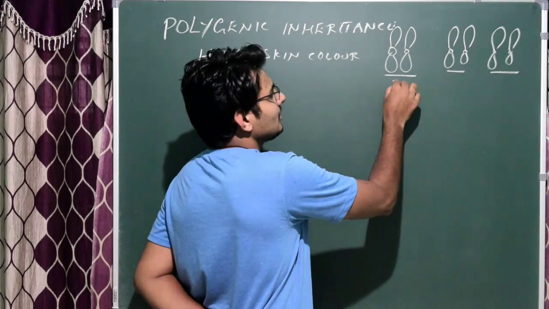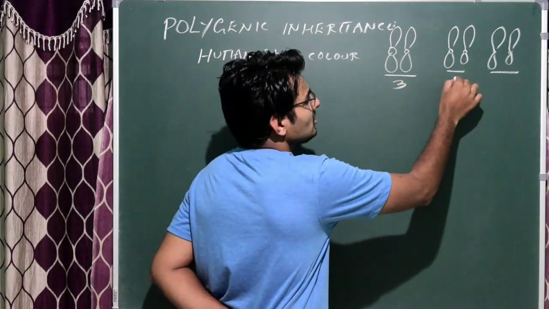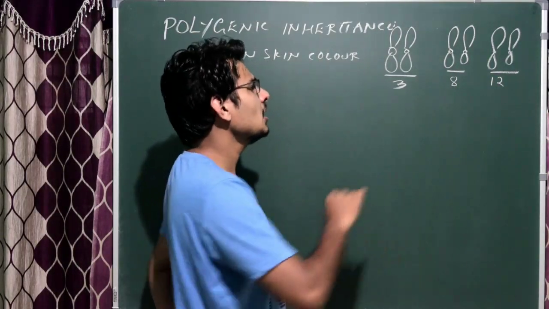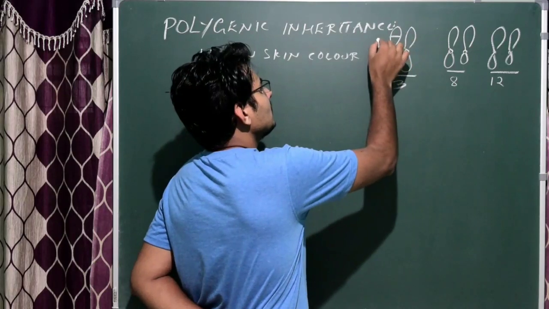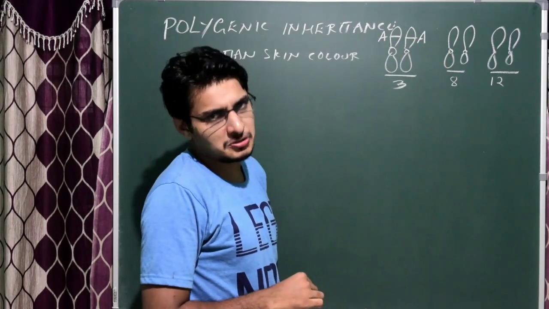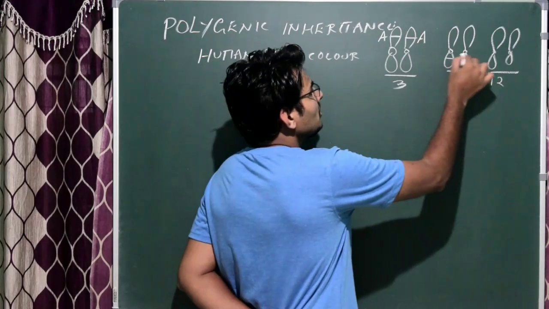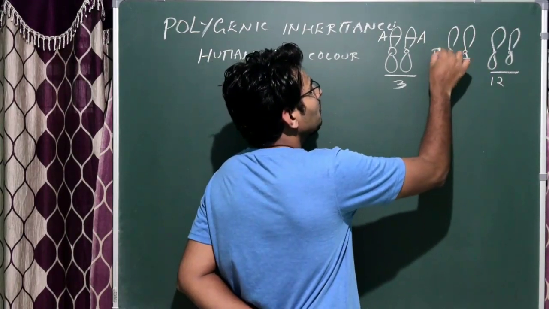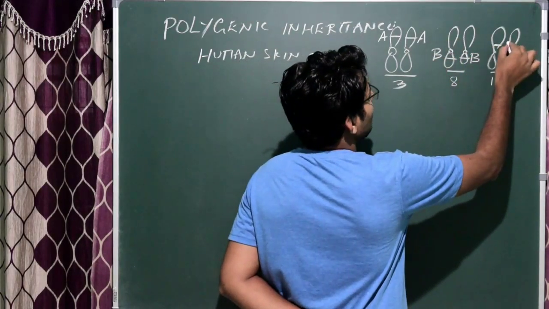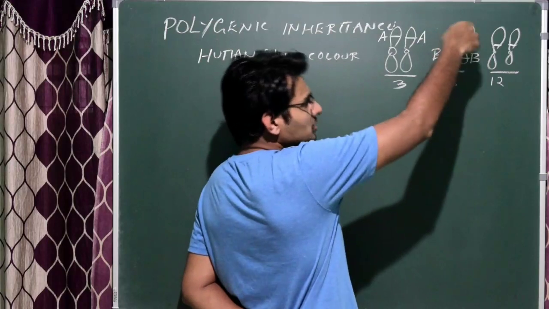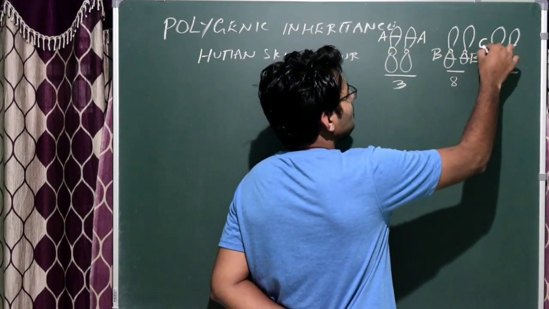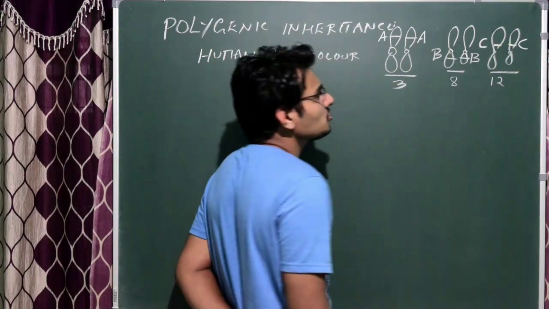Let us just name it like this is chromosome number 3, this is actually 8, and this is 12, simply for our understanding. Okay, so let us just name it actually, this is the locus where a dominant homozygous A gene is present, okay, and in this particular locus another dominant B gene is present, homozygous B, and again I'm taking somewhere else here actually the locus or the loci actually differs, correct, on each chromosome. Here I will just take capital letter C, which is homozygous.